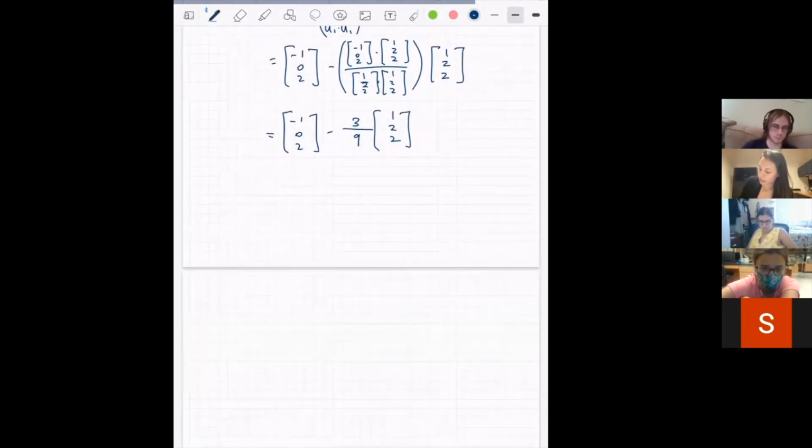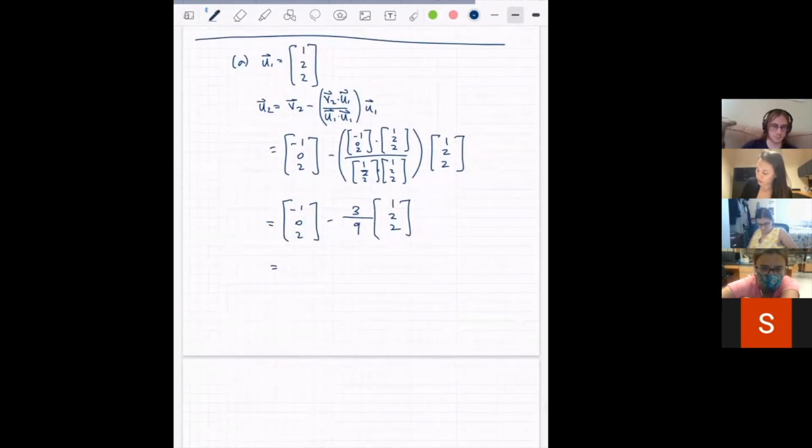So we get, let's see. Maybe I'll write it up here. This will be 1/3 out front. So we will get -1, minus 1/3, 0, minus 2/3, and 2 minus 2/3, right?